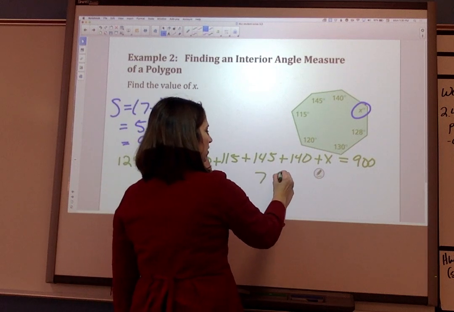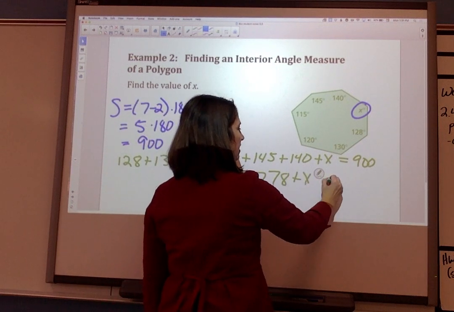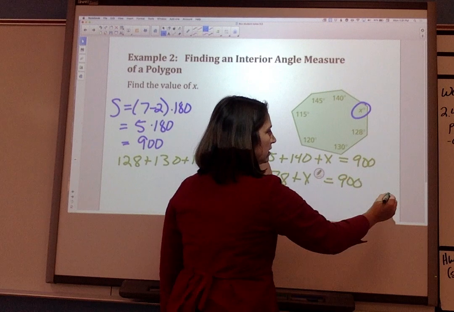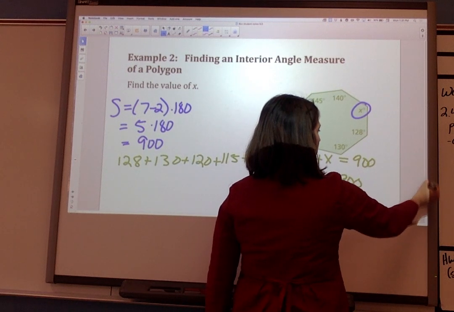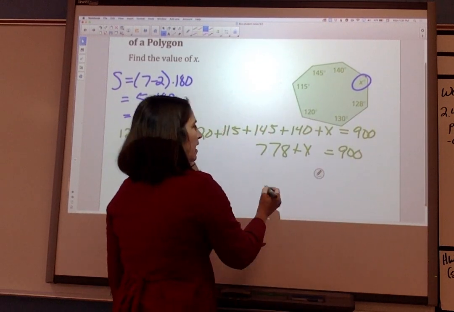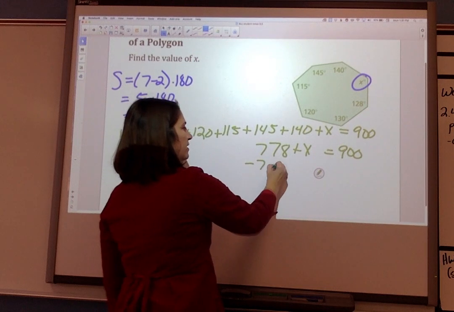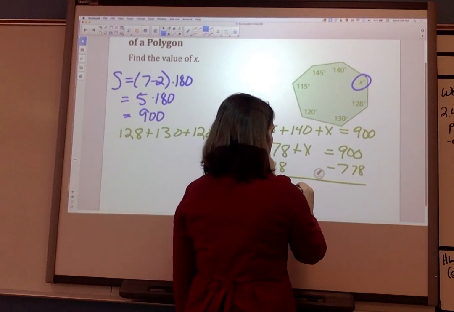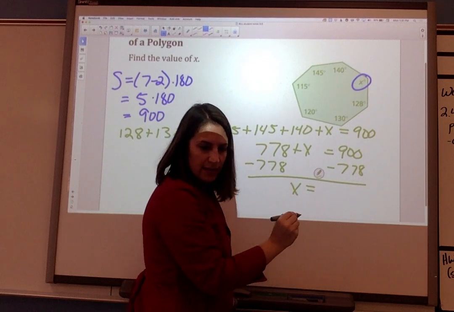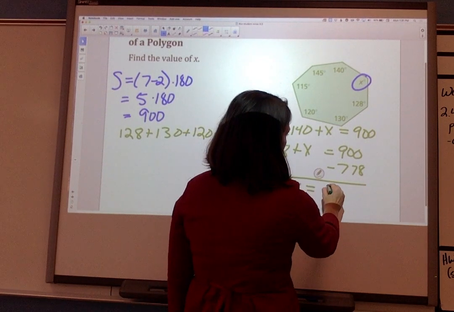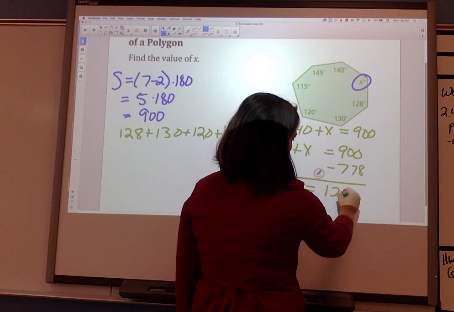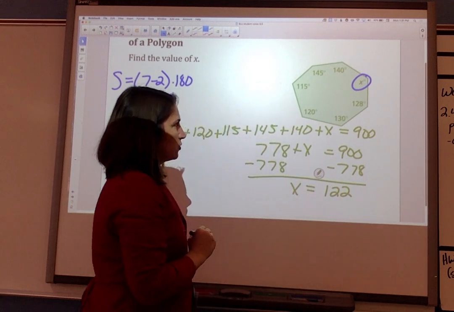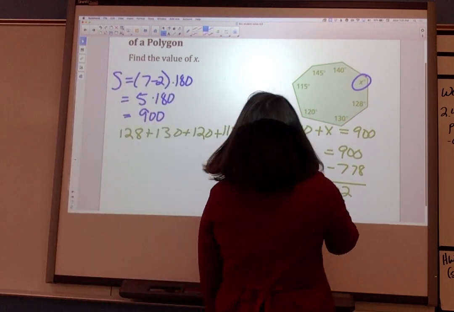So we're going to say 778 plus x equals 900. And then we can solve for x by subtracting 778 from both sides. And we get x equals 122. So that's a 122 degree angle.